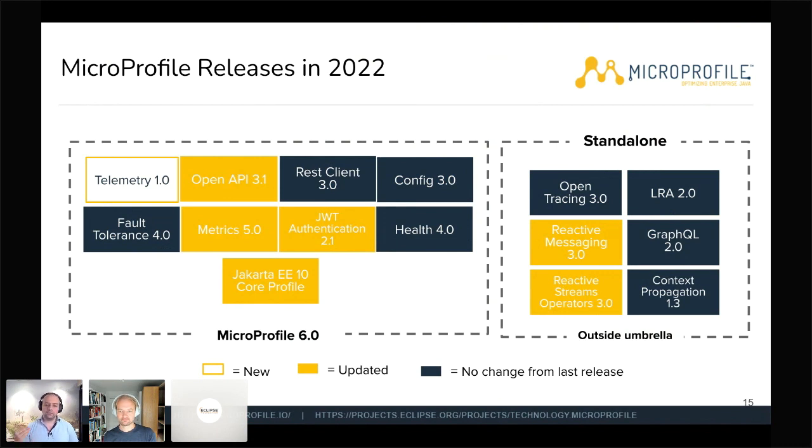You need to expose metrics of your microservice, or you need some way of authenticating your users or your calls, or you need to expose some health information. Maybe you need to create REST clients to talk to other web-based, RESTful services, configuration, fault tolerance, all those kinds of things.